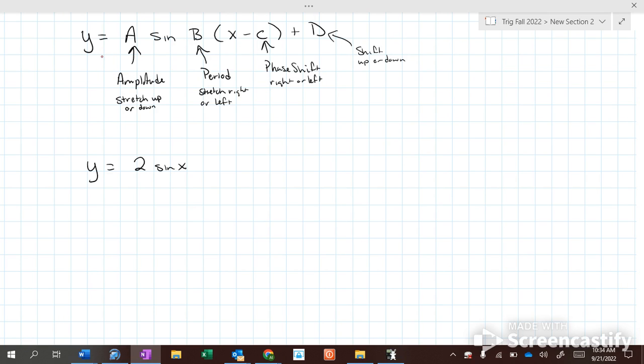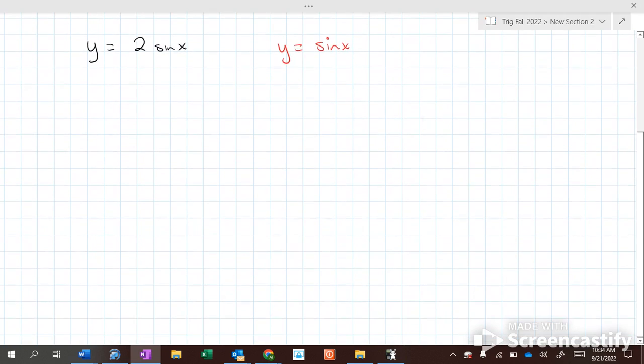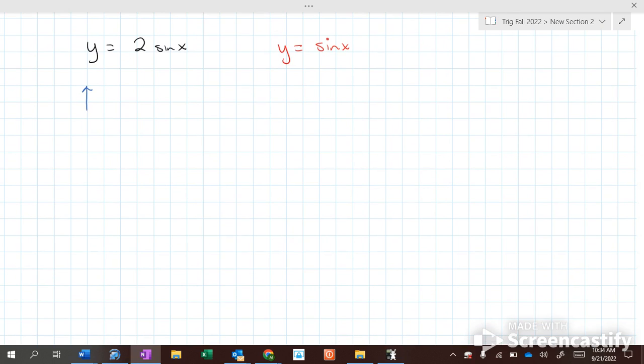That's why we brought our colored pencils. y equals sine of x. On graph paper or in your notebook, but sometimes it's easier on graph paper, you draw the coordinate system.